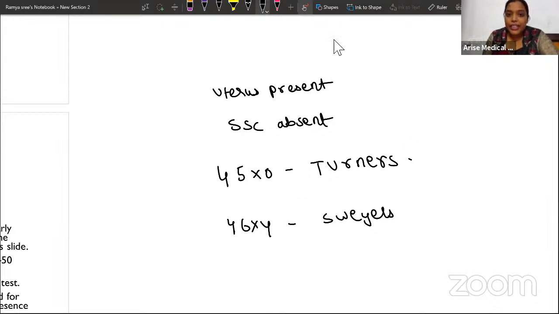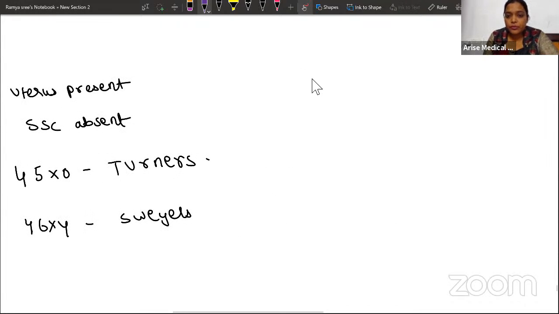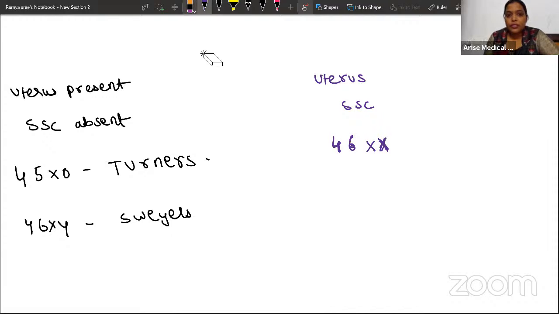And the second set is uterus absent, with secondary sexual characteristics present.